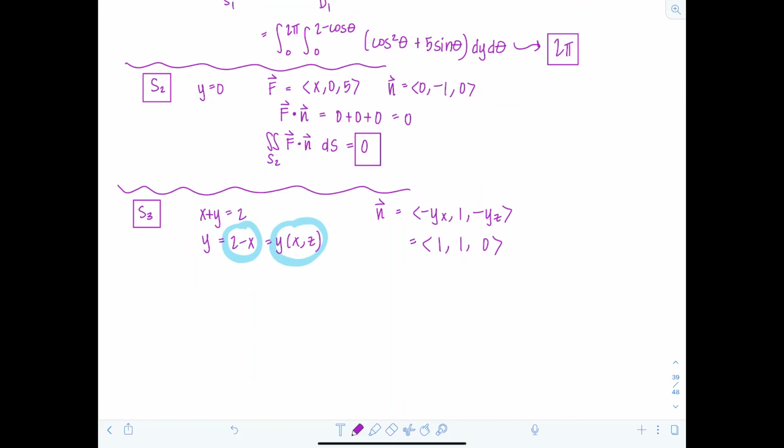Now my vector field, remember, is x, y, 5, but on this particular surface, it's going to be x, y is 2 minus x, and then z can stay 5.